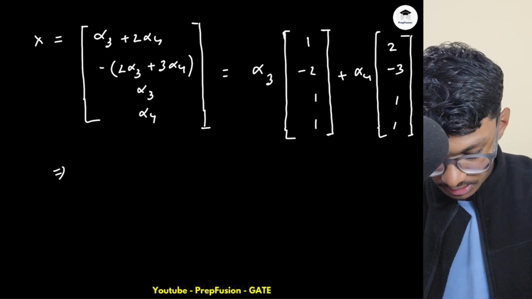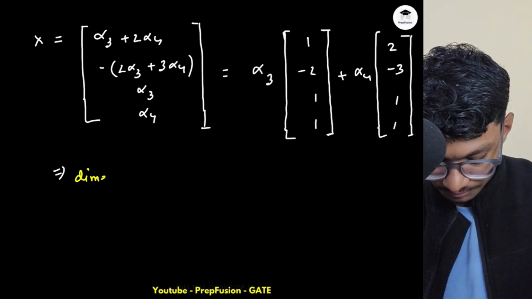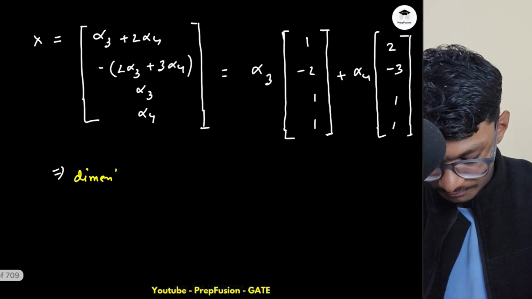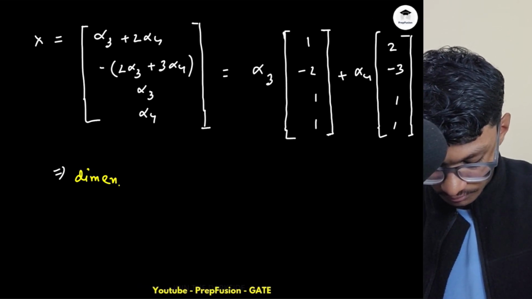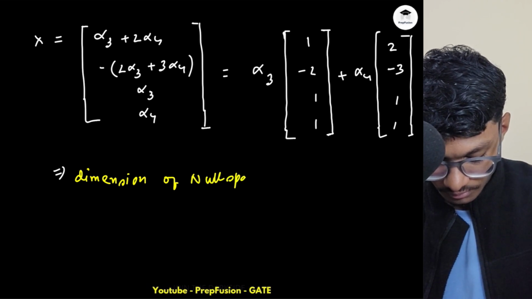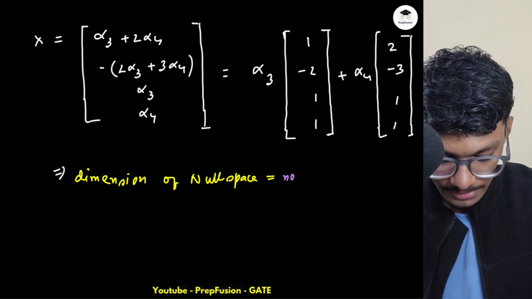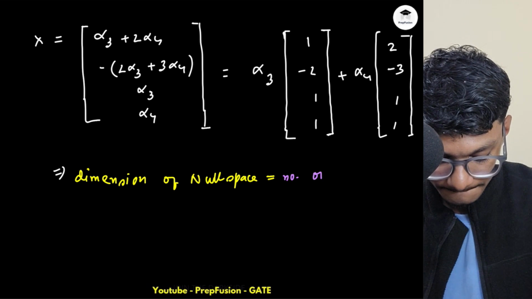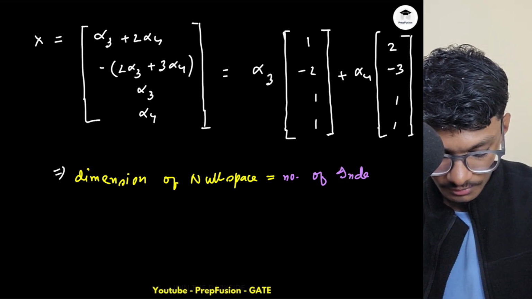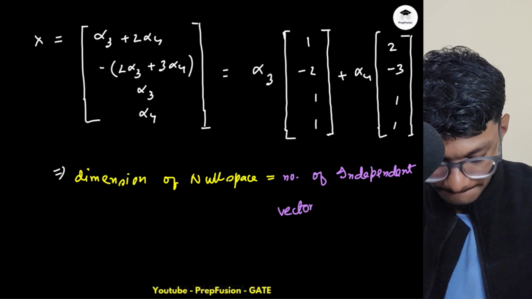So in this case, my dimension of null space is equal to the number of independent vectors.